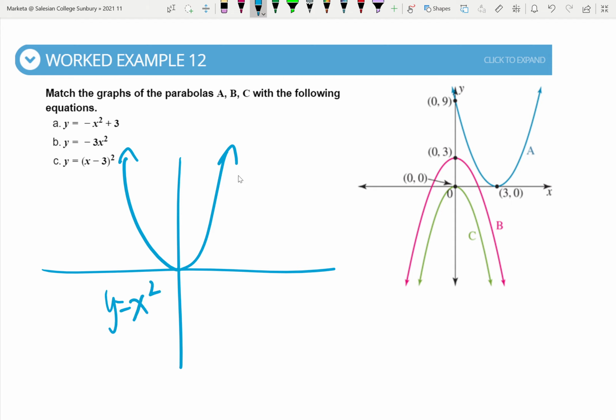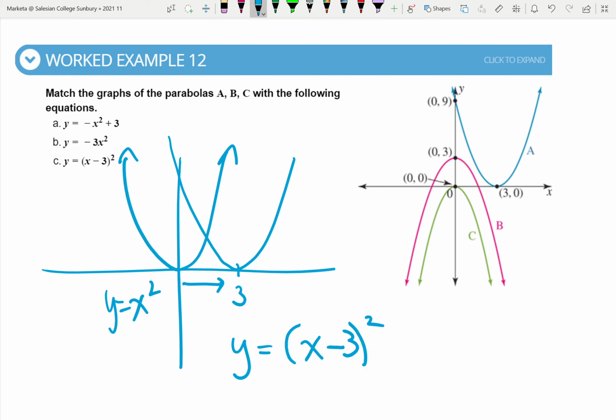The blue graph is sitting at 3, so we've moved in the positive direction of the x-axis, and this means that the equation is going to be x minus 3 squared. Notice that it goes the opposite way for the horizontal, and that's something you'll learn about when you do transformations later on. So C would be the blue graph. I'll match A with C. Let's go to the next one.